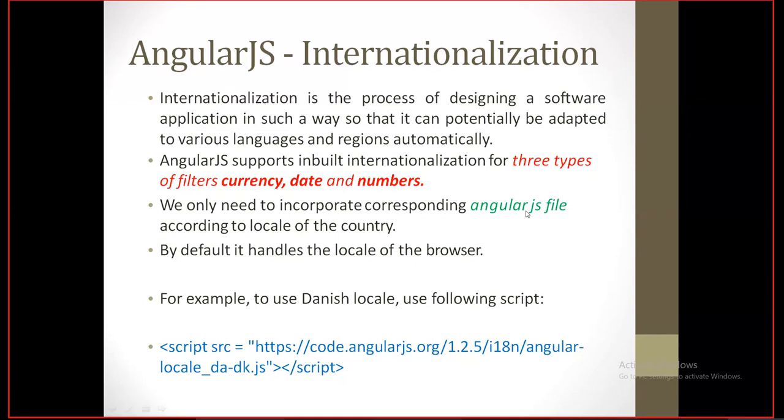But now that AngularJS file is according to the locale of the country. For example, here the example is given for Danish locale. I will have to include angular hyphen locale underscore da hyphen dk.js. So this is the Angular module which is basically created for the Danish language. Understood? So that is the case.